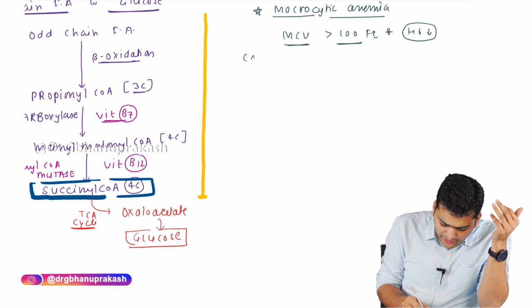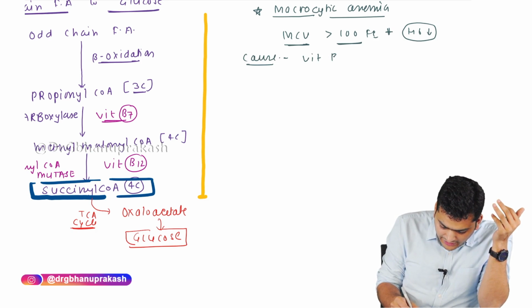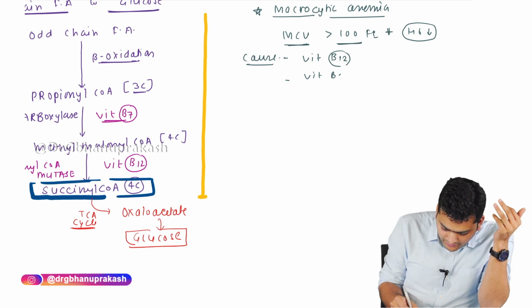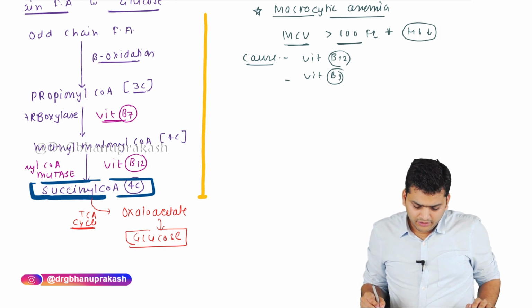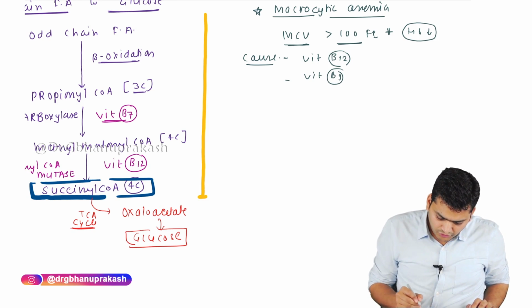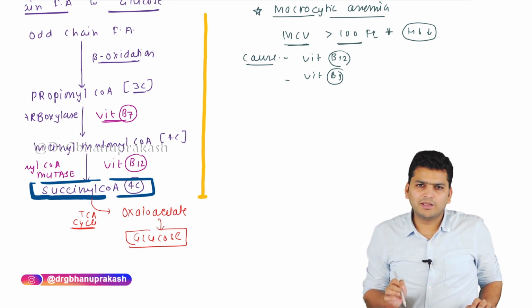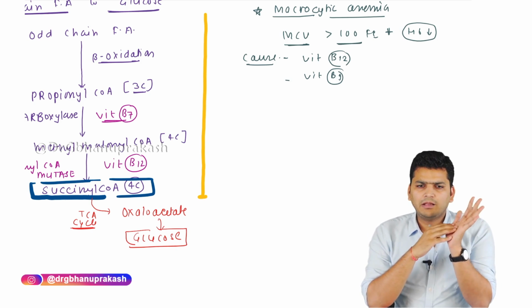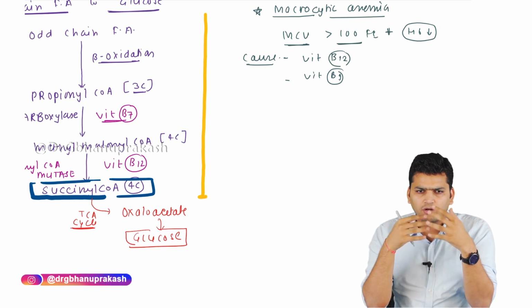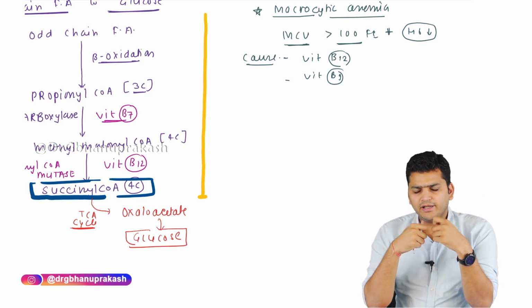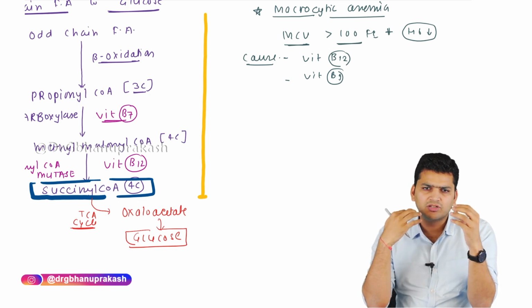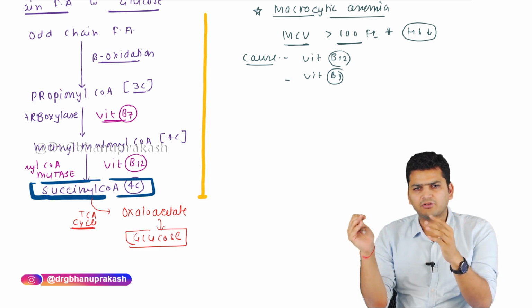Now there may be many causes of that, but what we are concerned with is that it can happen with vitamin B12 deficiency, it can happen with vitamin B9 deficiency, or with both B9 and B12 deficiency. So let's say a patient comes to you and he is anemic, he is having pallor, the palmar creases are not visible, he is having shortness of breath on exertion and he is looking pale. Just looking in the OPD, we have made a diagnosis of anemia.